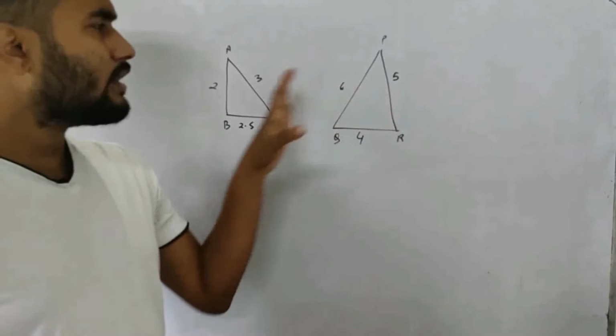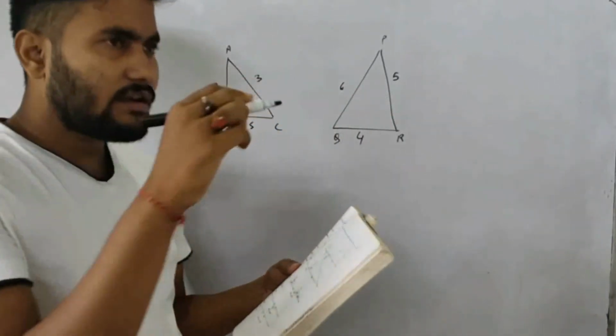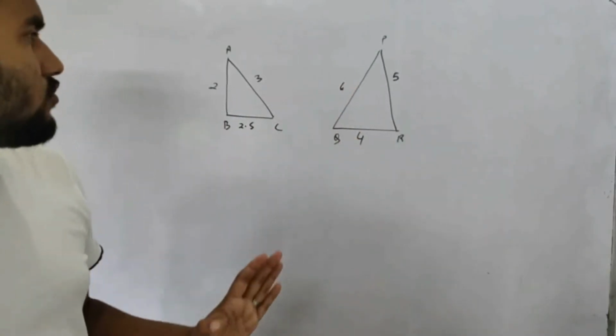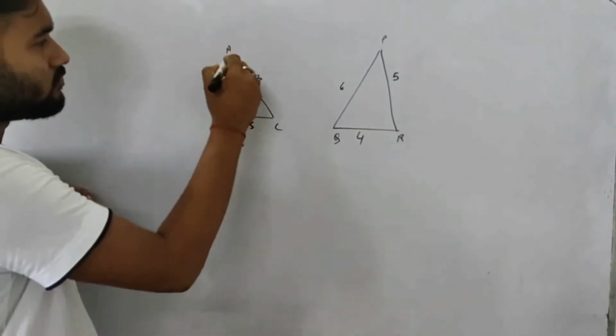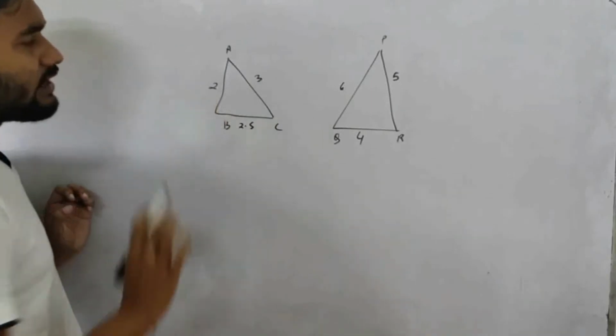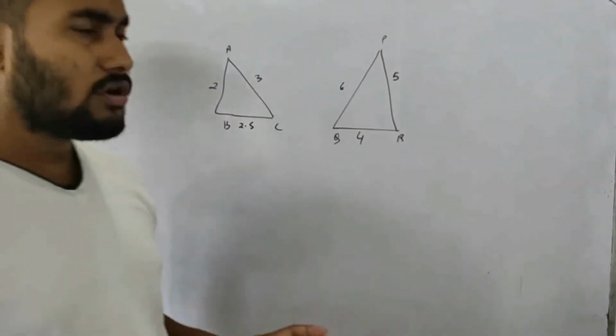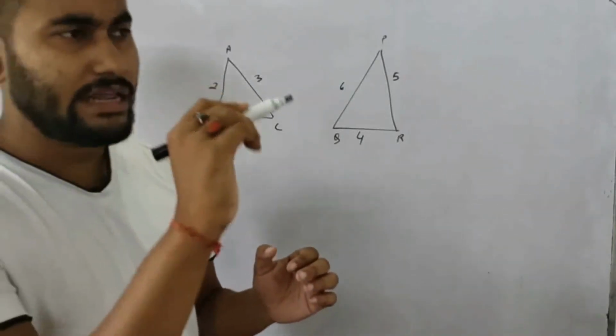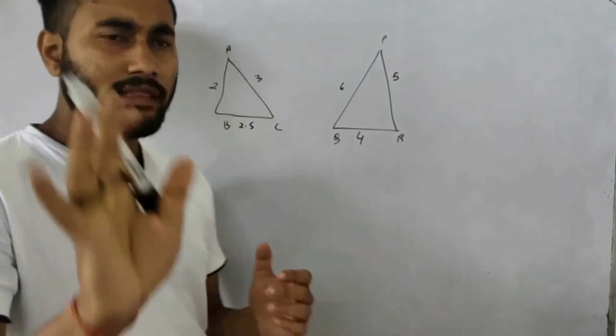In the book, if a right angle triangle is given, there is no need to draw a right angle triangle; just draw any two simple triangles, because now you will check proportionality. If it is given as a right angle, there is nothing that says you have to draw it as a right angle.